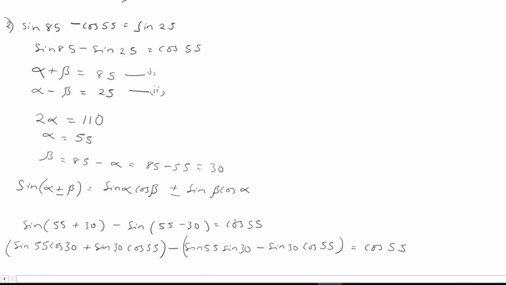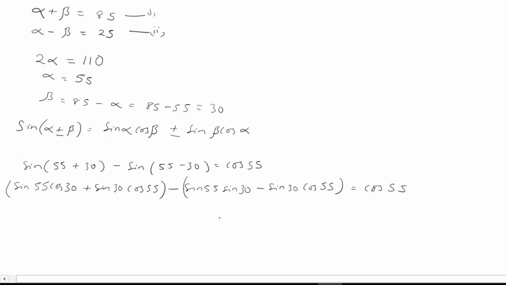Now we can concentrate on the left hand side to see if it will balance out and give us the value in the right hand side. So simplifying this, you can see that we have sine 55 cos 30 here and a negative sine 55 cos 30 here. Sorry, this is supposed to be cos.